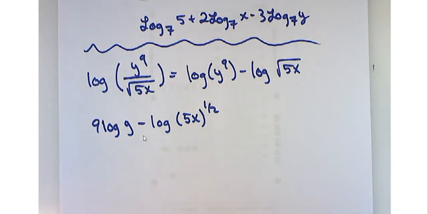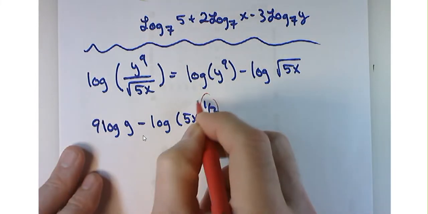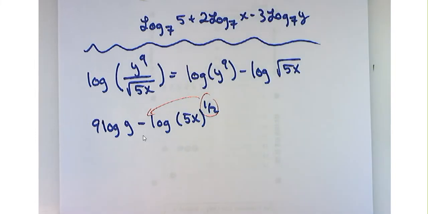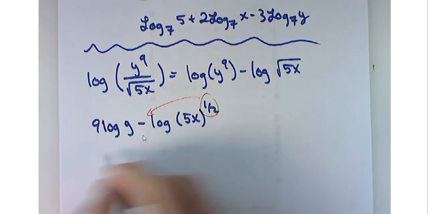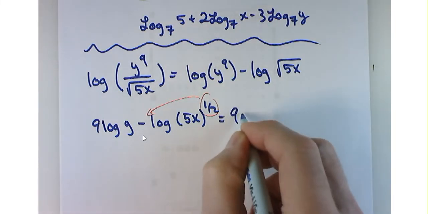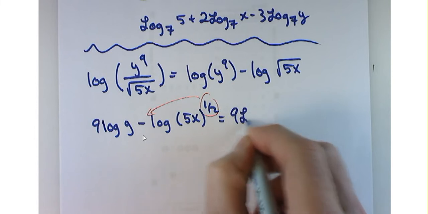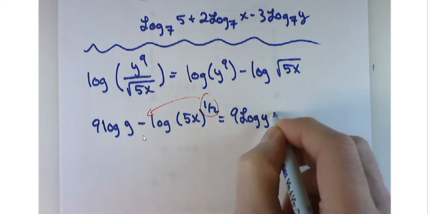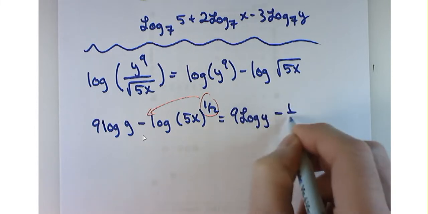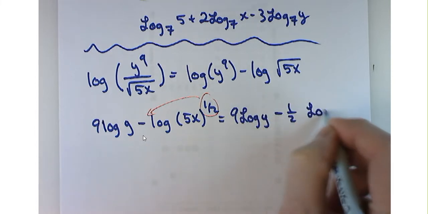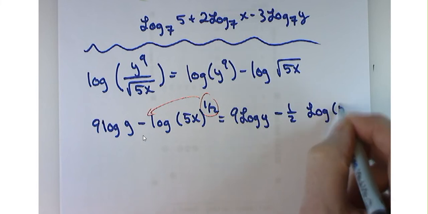And now I can take the 1/2 out in front like that. So that's going to be 9 times the log of y minus 1/2 times the log of 5x.